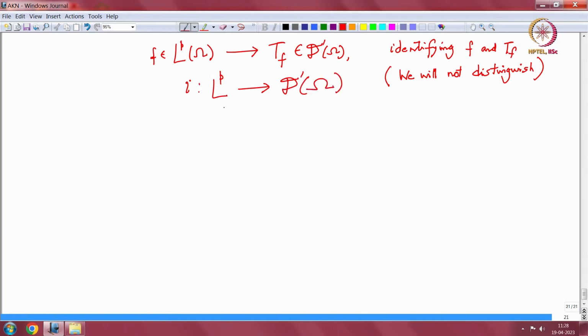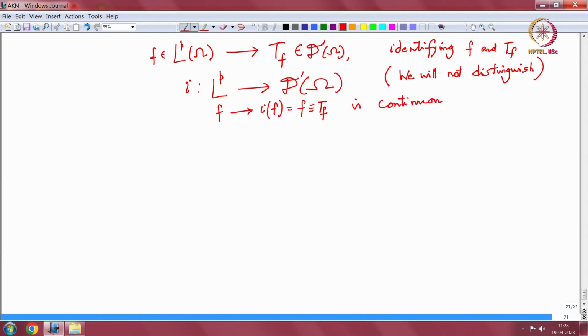Where f goes to I of f, which is actually f, identified with T_f. And this is continuous. You can easily work that out.